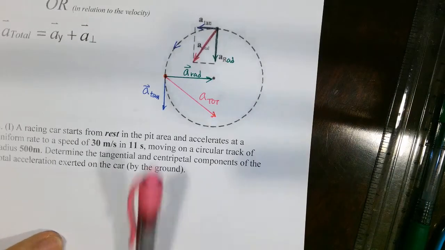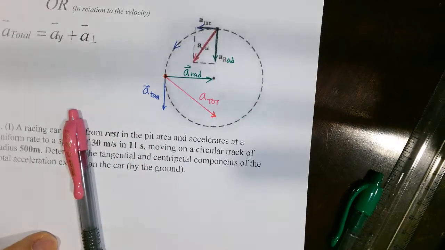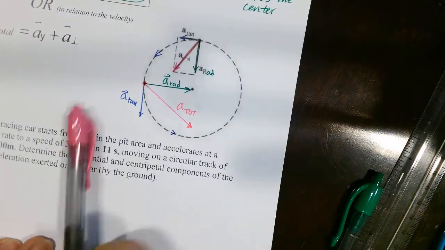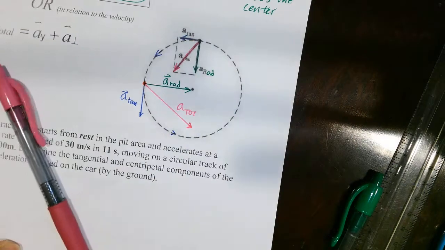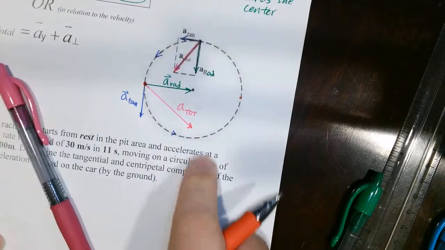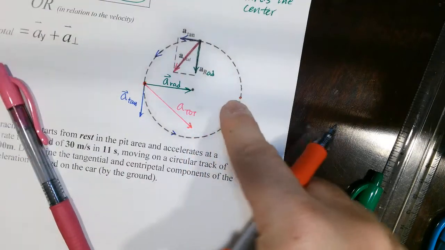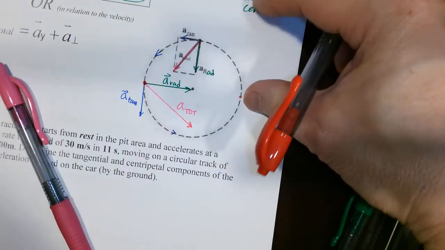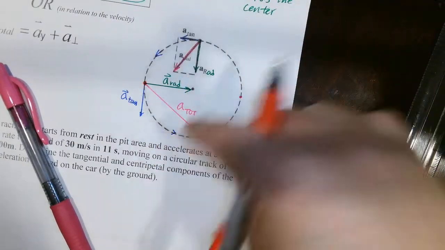Again, similarly, if this thing were going in a counterclockwise direction, and it were here, now it's going even faster, but I cannot draw this really big. My A tangential will be going up this way, maybe this big, because it's speeding up now.